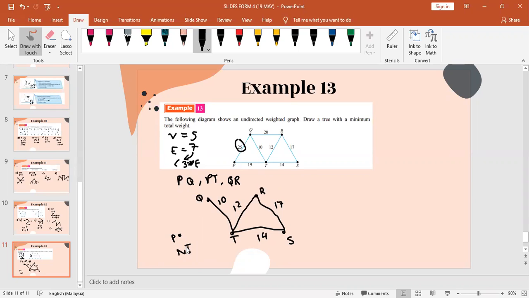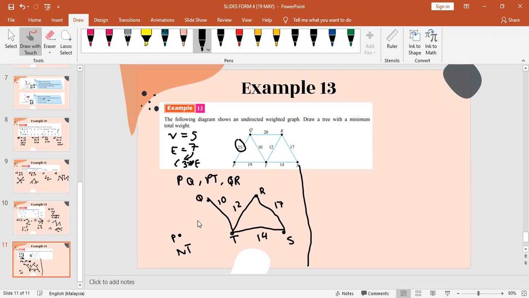But this one, P is not connected to other vertices. So this is not a tree. So kita kena tengok another way pula. Macam kita kena buat ni try and error. Between the weights 19 and 25.